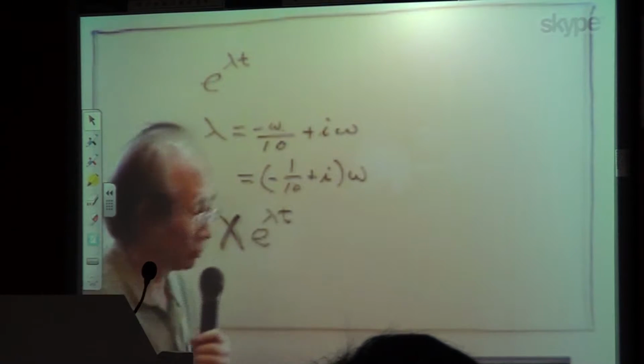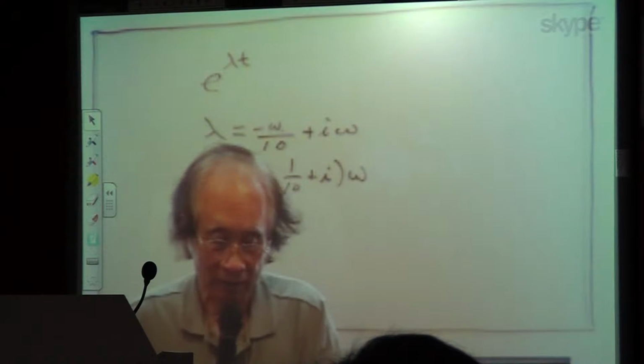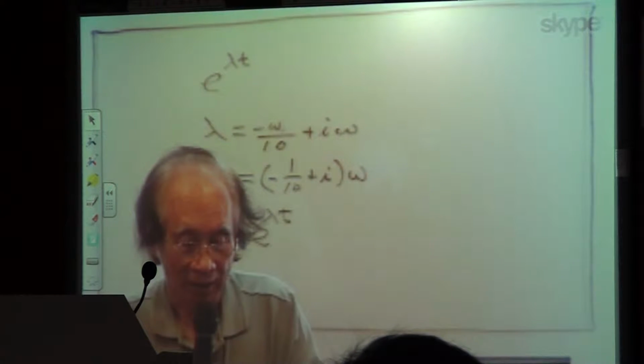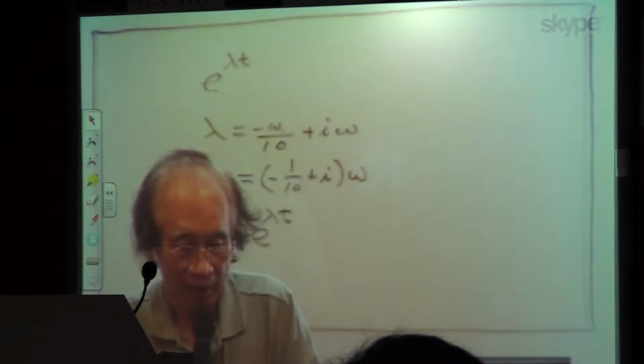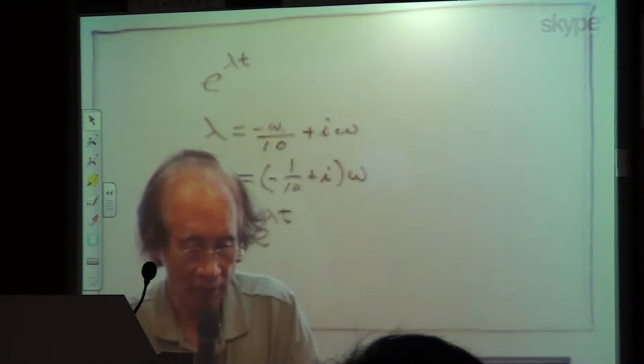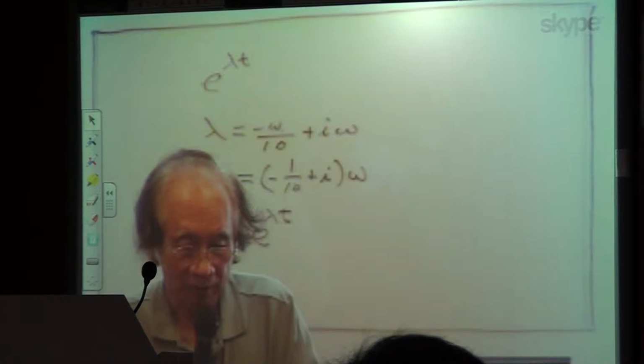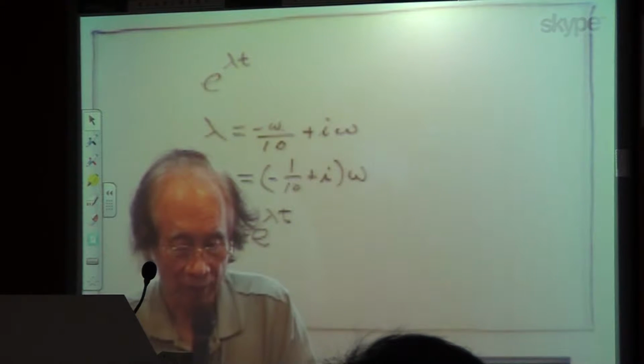You can just use the exponential function like this, complex, and set it into the problem. Then you will be able to solve your problem much easier, because you use the exponential function. That's easier to do. Alright?